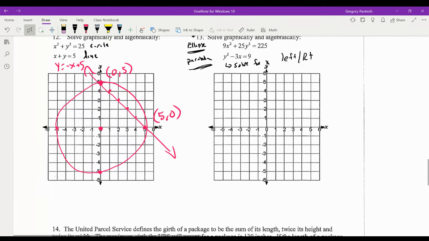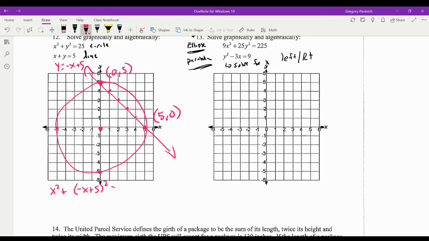Okay, but it did say to solve these both algebraically. So let's go ahead and do that. I'm going to plug in my y value. So this is x squared plus, and then I had -x plus 5 squared equals 25. And so I have x squared plus x squared minus 10x plus 25 equals 25.